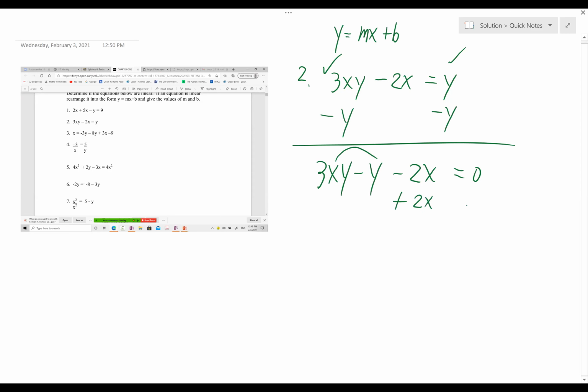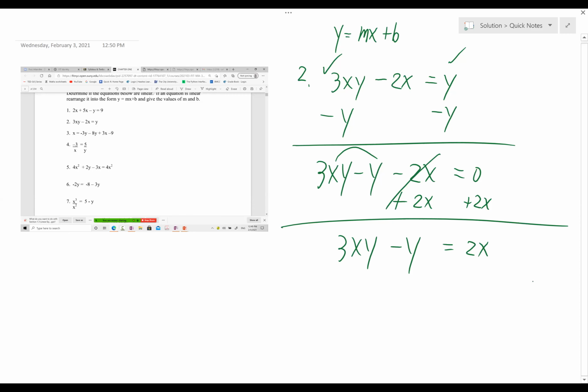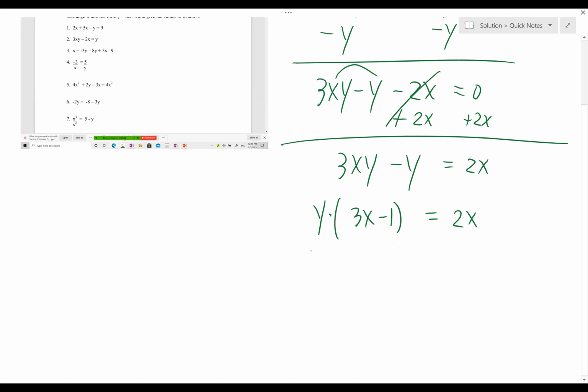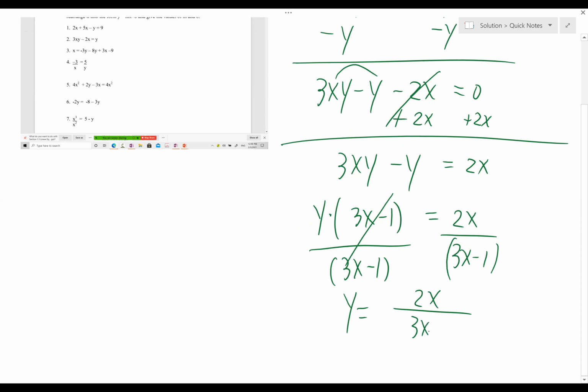Now add 2x to both sides of the equation, cancel that. So we have 3xy minus y equal to 2x. Now factor out y, factoring by GCF: y goes outside, and we get y times 3x minus 1 equal to 2x. Now, in order to get y by itself, we divide both sides of the equation by 3x minus 1. So y is by itself, and this is 2x over 3x minus 1.